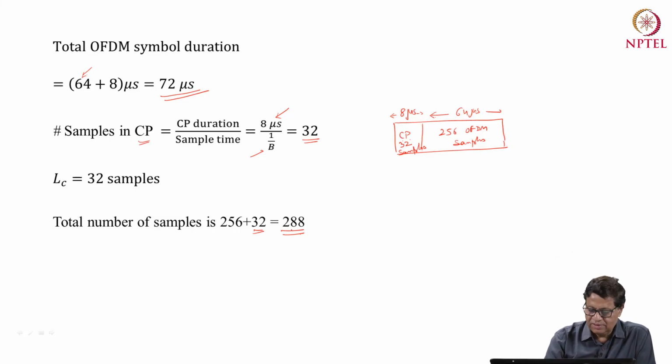So this whole thing becomes, total number of samples will be 256 plus 32, so this total will be 288.